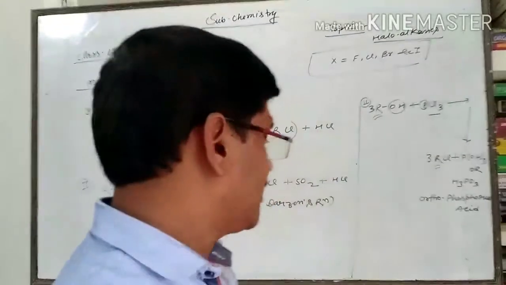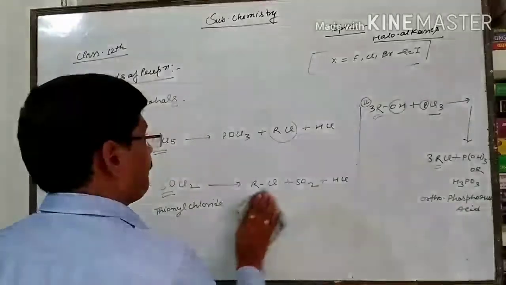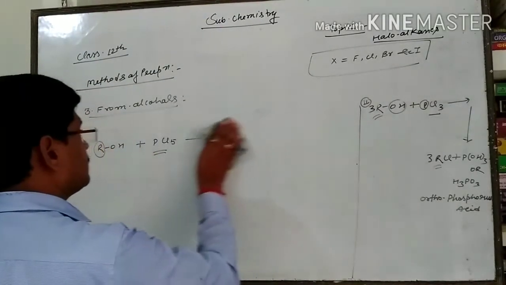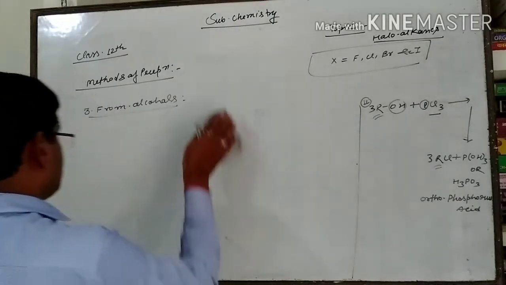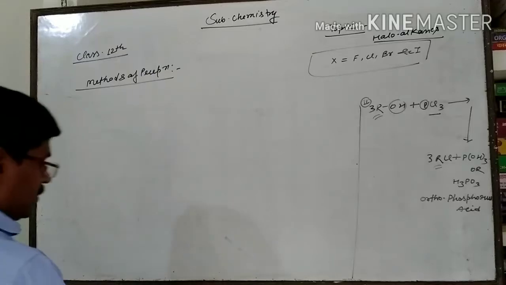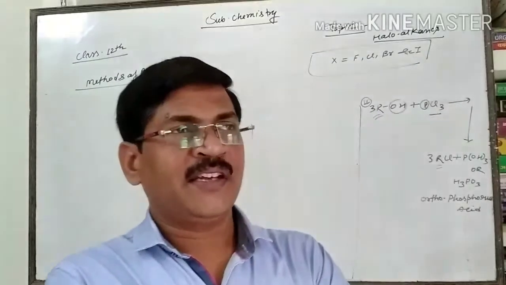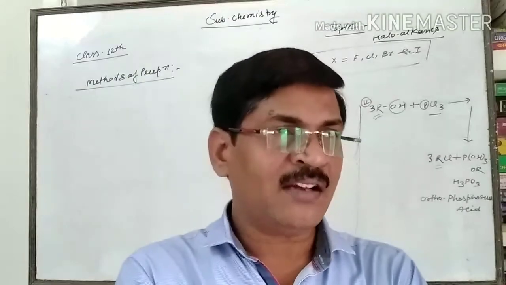After that, some more methods for the preparation of alkyl halide. As you know, there is a reaction in which all of you have seen exchange of halogen atoms or halide ions.